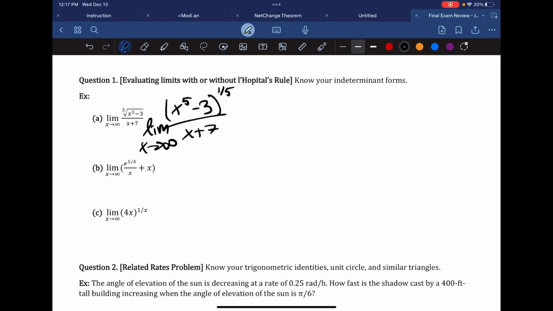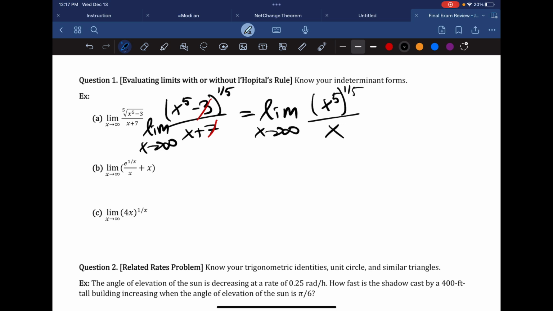So you could say that as x approaches infinity, these constant terms don't really matter. So then this is the same thing as the limit as x approaches infinity of (x^5) to the 1/5 divided by x.